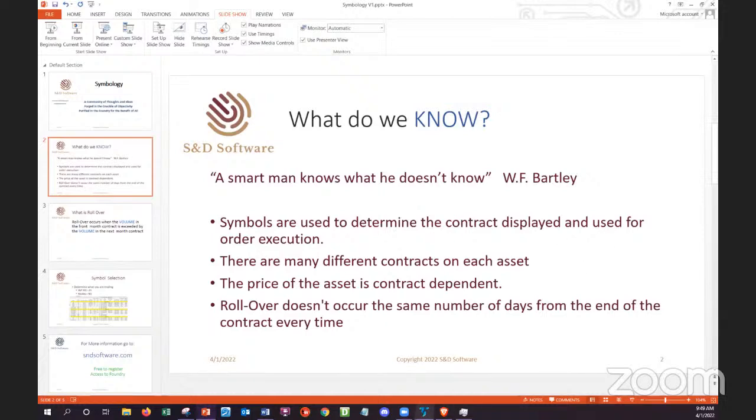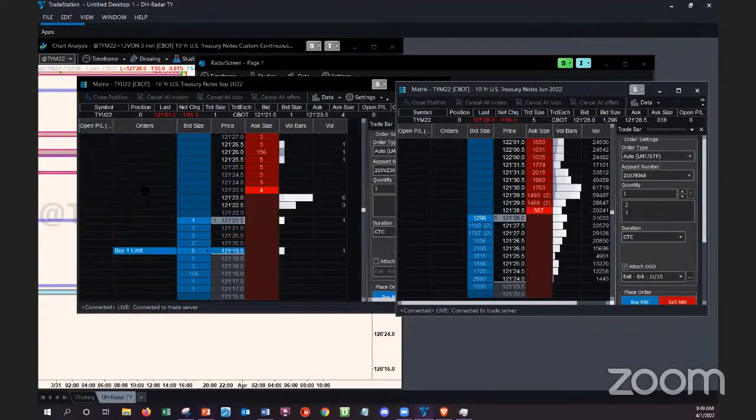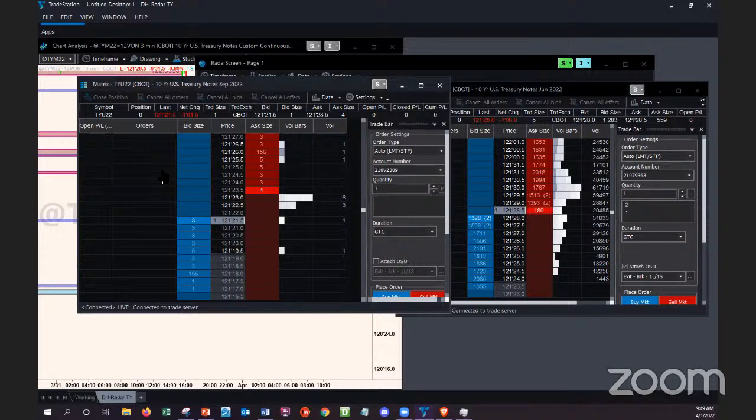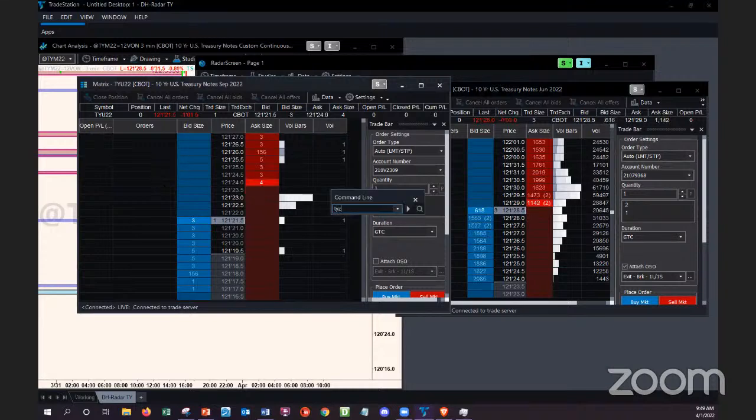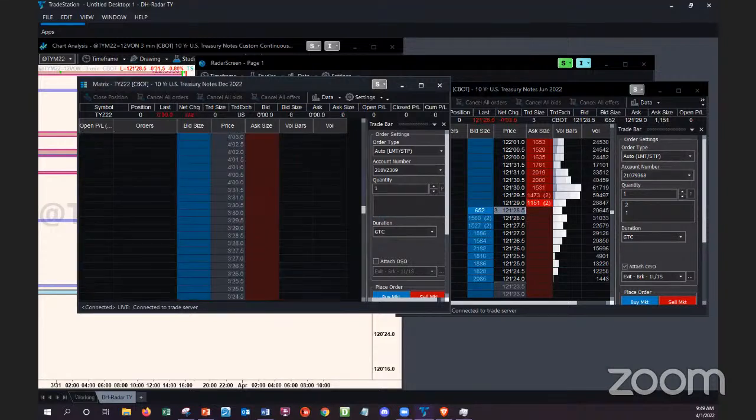So let's go back to TradeStation. Let's go to the Z contract. This is TYU. Let's go to TYZ. Oh, wow. There's nothing in TYZ. Nothing's been traded today. It's there. It's out there.